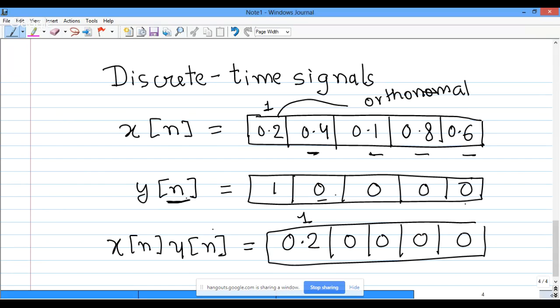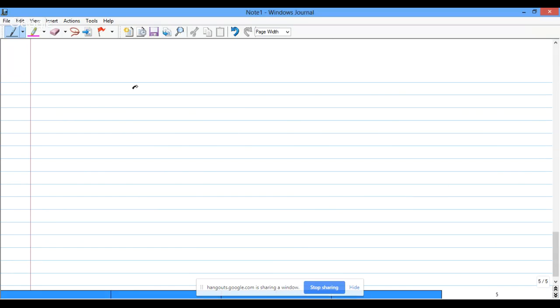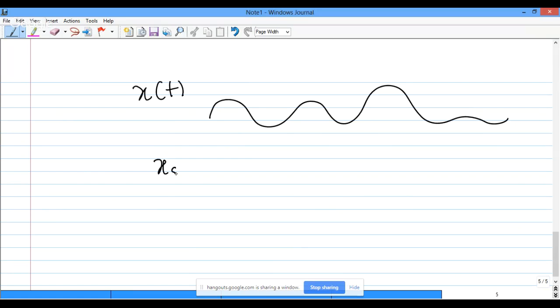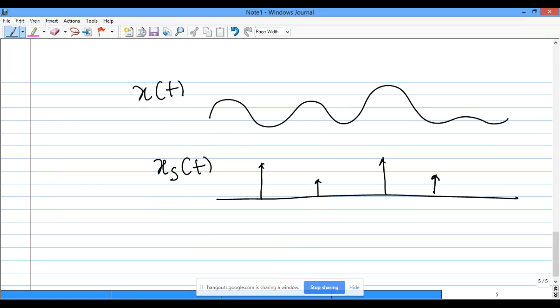Okay. In case of a continuous time signal, if I have a continuous time signal which is like this, and I sample this signal, and if my sampling theorem is satisfied, again I will have collected the numerical values corresponding to the signal at time instances, let's say T, 2T, 3T, 4T, and so on and so forth.